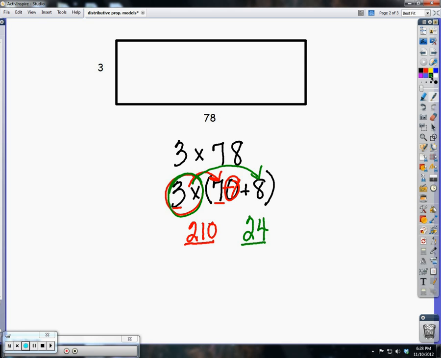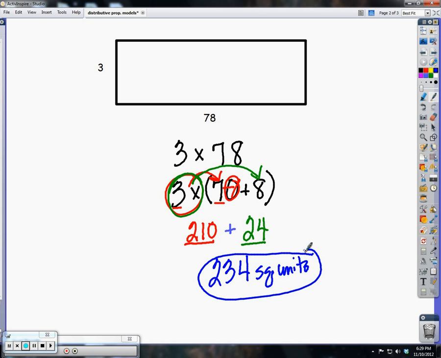And then, in order to get the area of the entire rectangle, we added the 2 numbers together. So, when we add the 2 numbers together, 210 plus 24, we get 234. And of course, in the area, that would be square units. So the entire area of this large rectangle would be 234 square units.